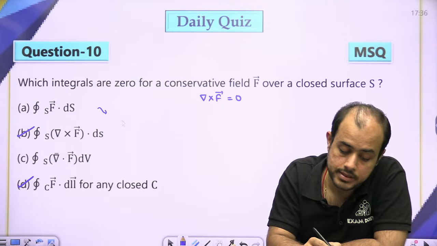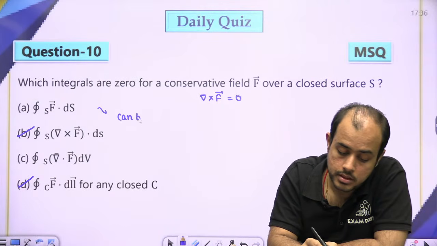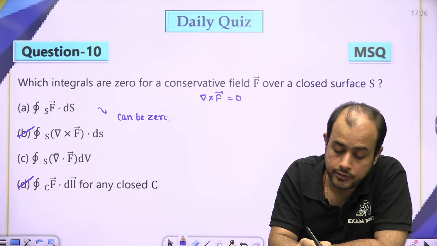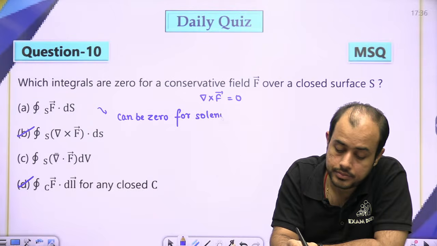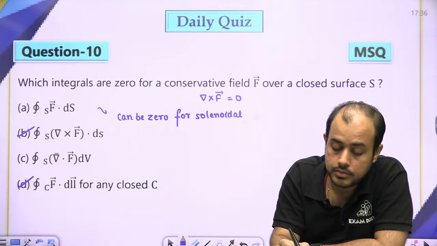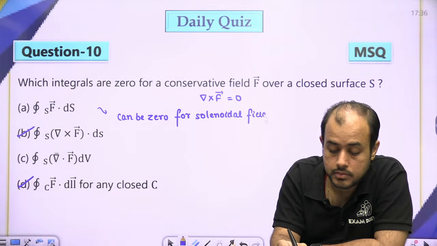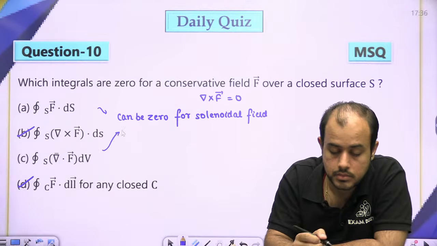Okay. This can be 0 for a solenoidal field.